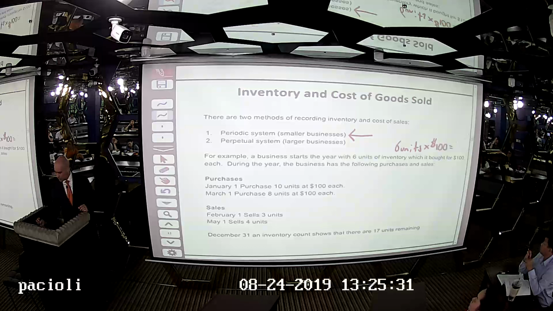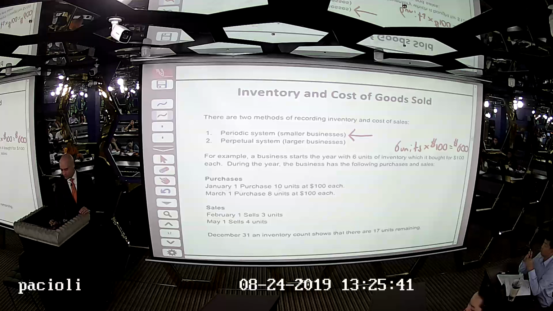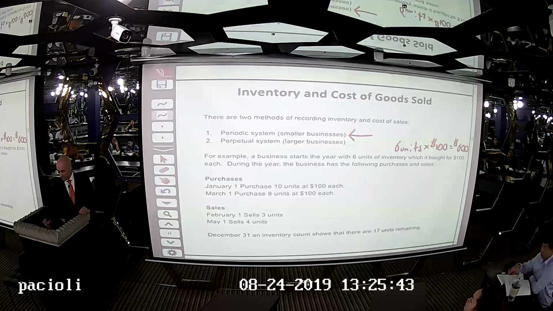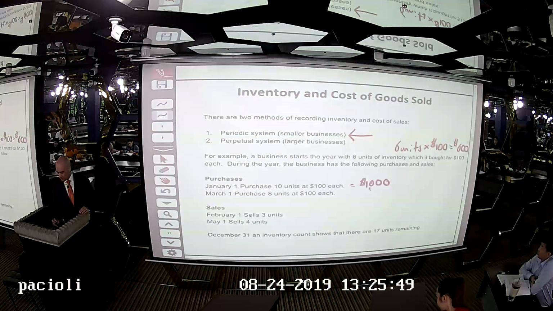So we have the opening inventory of 600. During the year, the business has the following purchases and sales. Purchases, January 1st, they purchased 10 units at $100 each. So 10 times 100. Then March 1st, purchased 8 units at $100 each. So 8 times $100.